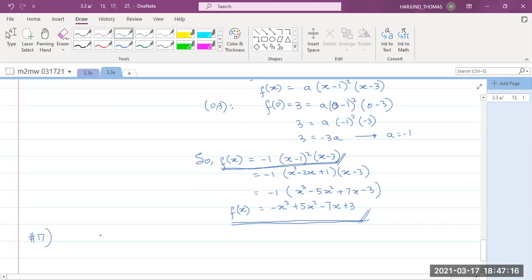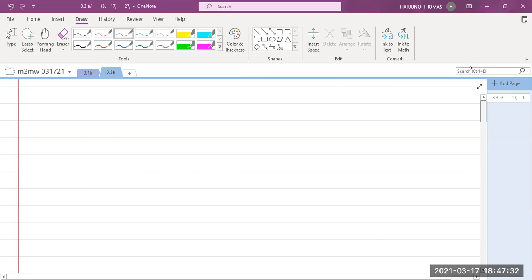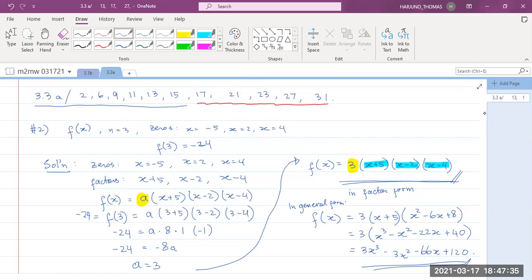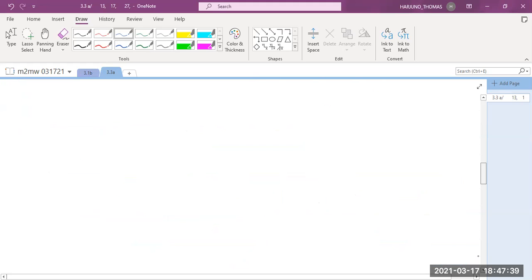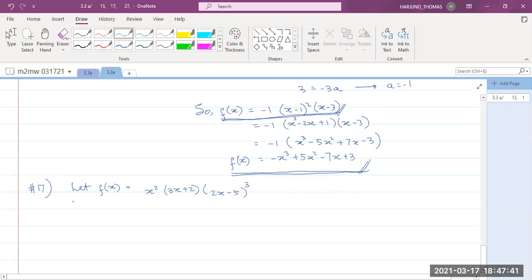Let f(x) equal x squared (3x plus 2) and (2x minus 5) cubed. Is that the question I need to do? Number 17? Yeah. So I can do number 17 and 21 actually. And the question is find the zeros and its multiplicity.